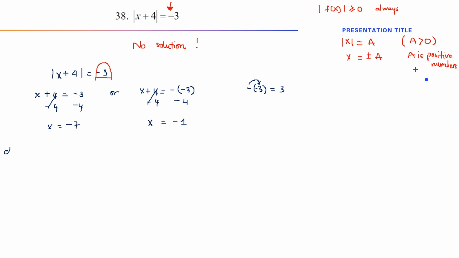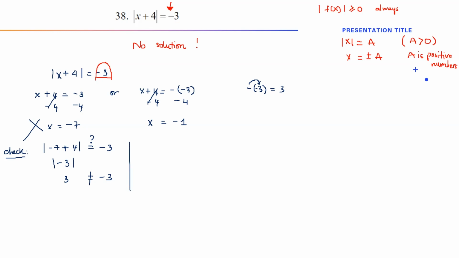And now we're checking our answers. x is negative 7, so I plug in negative 7 plus 4. And we have to ask ourselves if that equals negative 3. So negative 7 plus 4 is negative 3, but it's inside an absolute value, and this one is 3. 3 is different from negative 3. So this is not a solution.